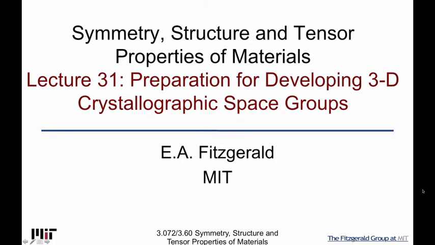And then finally, the last part of the course will be tensor properties of materials. Basically, after having these crystallographic space groups, we'll use tensor notation in order to represent various properties. So in starting the second part, we will need to do a little background here, and that's what we're doing in this lecture.